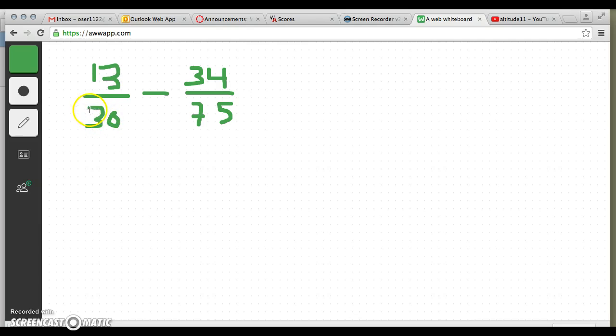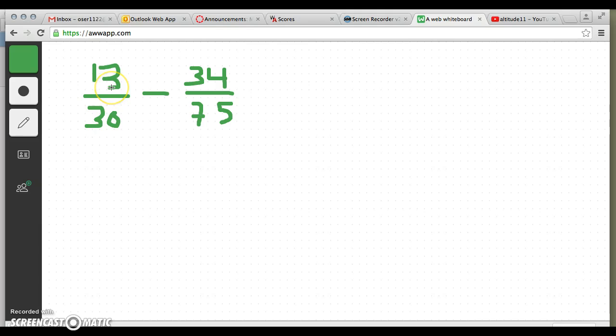Because if we think about the multiples of 3, which are similar to the multiples of 30, just off by a factor of 10, you have 3 or 30, 6 or 60, 9 or 90, 12 or 120, and then finally 15 or 150. So 150 is the least common multiple between these two denominators, which means that it is the common denominator.